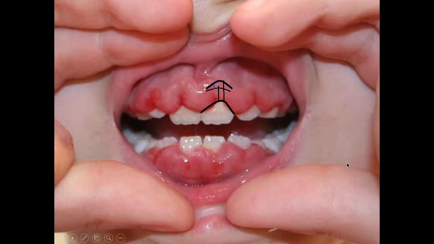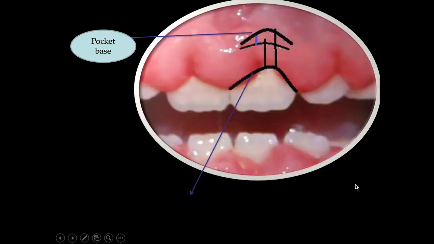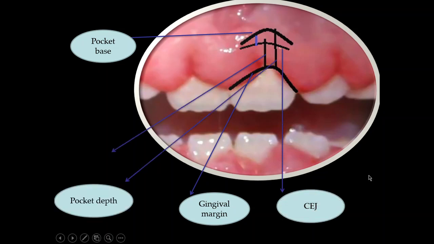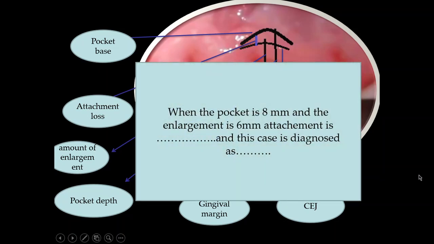Here is an interesting case, because here the pocket depth is not at the same level as the CEJ. This is the pocket depth, this is the gingival margin, and this is the CEJ, and this line is the amount of enlargement, and this is the attachment loss.